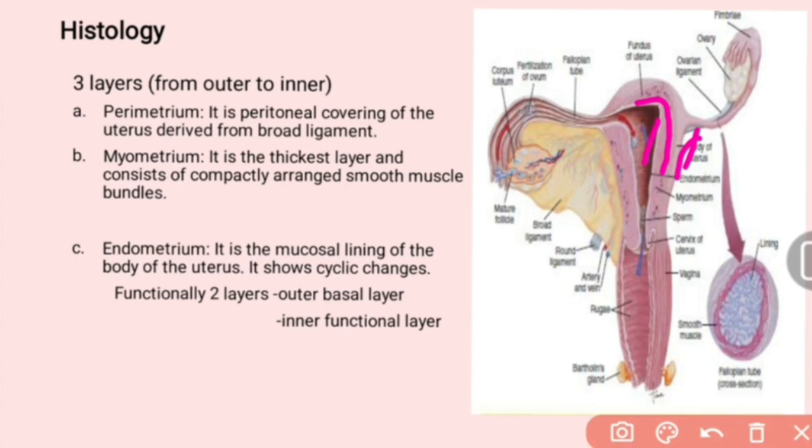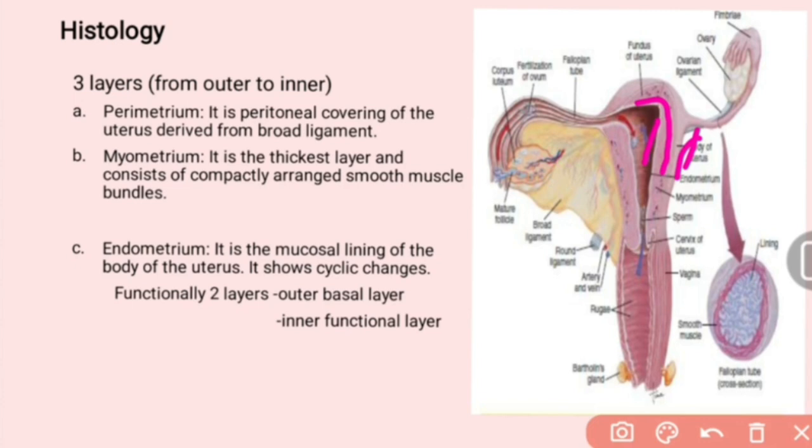The functions of the myometrial smooth muscle are very important because the outer longitudinal layer helps in expulsion of the retained product of conception.